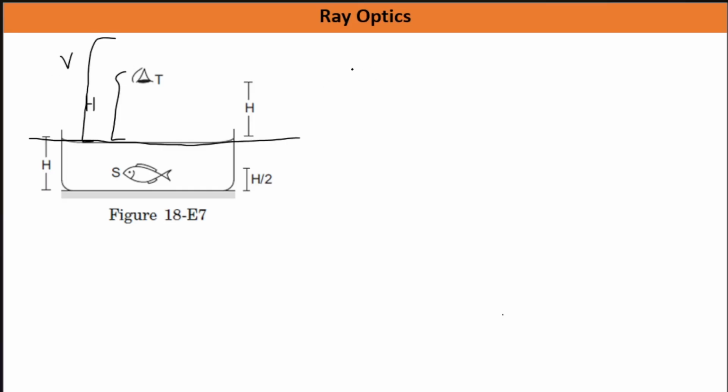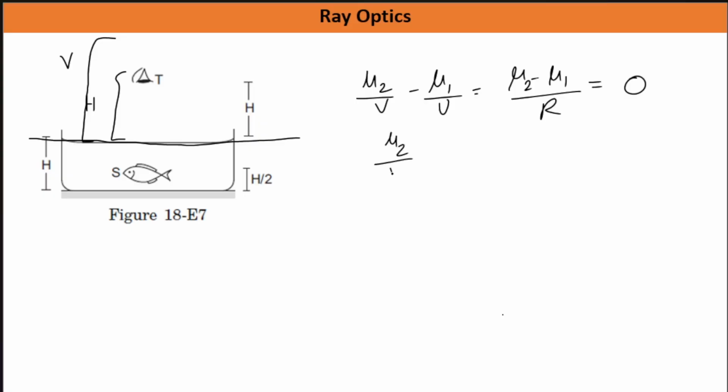So if you put it in the formula, what is it? mu2 by v minus mu1 by u is equal to mu2 minus mu1 by r. This is the formula for refraction through a curved surface. You can also use it for a plane surface with r tending to infinity, right? So the value of r is infinite, therefore the right side becomes 0. So mu2 by v minus mu1 by u is equal to 0.